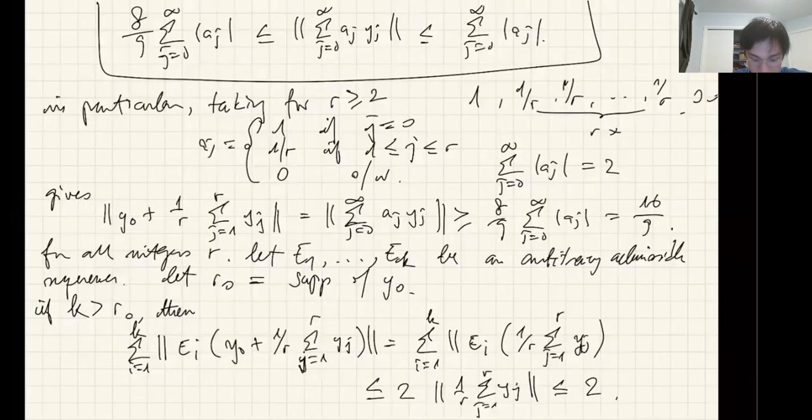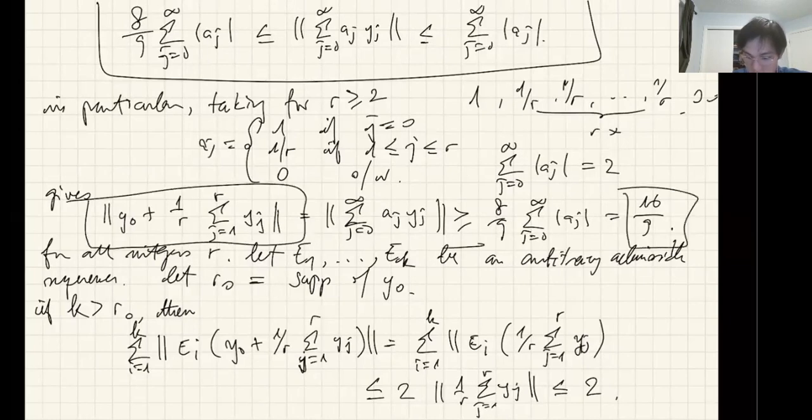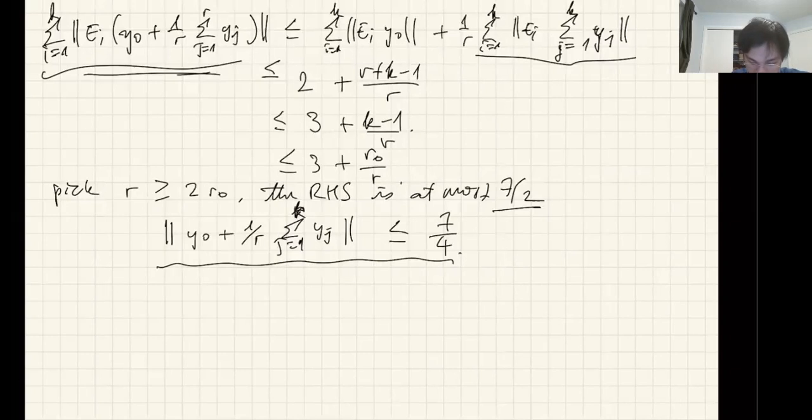But on the other hand, we saw that this thing is greater than 16 over 9. If you just cross multiply, you get 64 is less than 63, and we got a little bit of nonsense here, and so that's our contradiction.